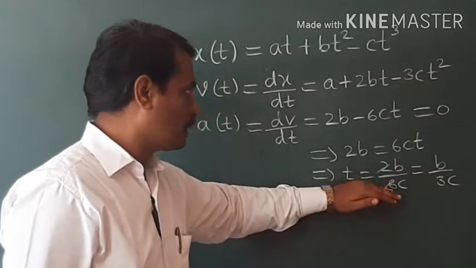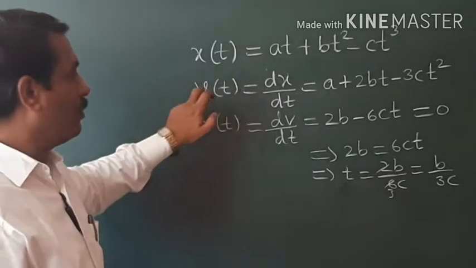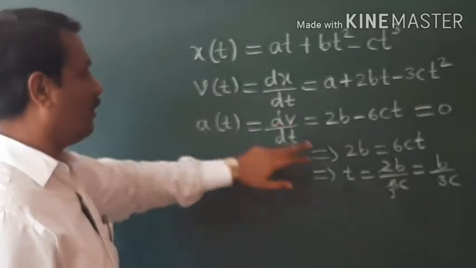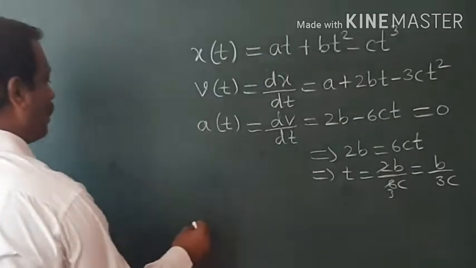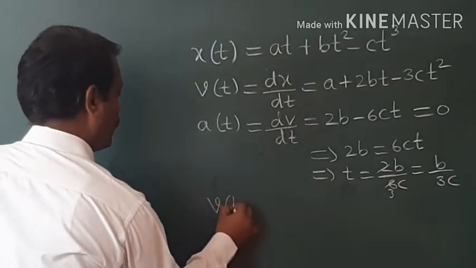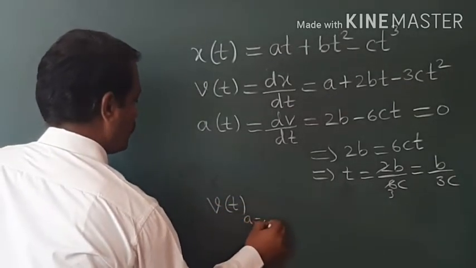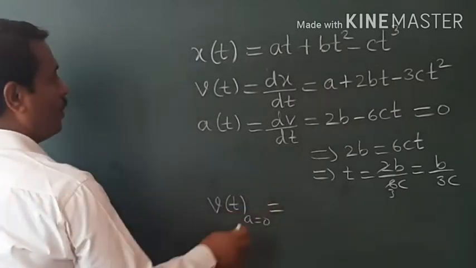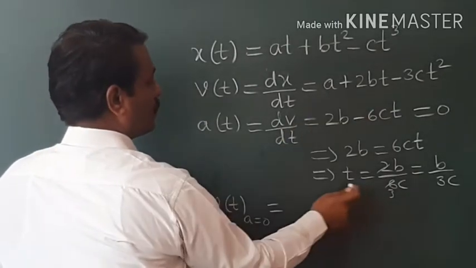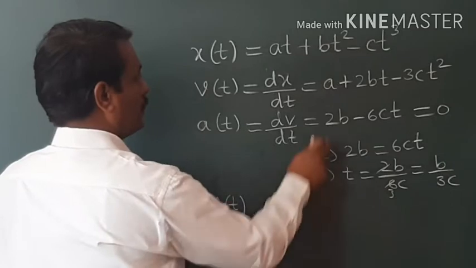So you substitute this condition here, then you will get velocity when acceleration becomes 0. Therefore, velocity when acceleration is 0 is equal to, so here we have to substitute t equal to b by 3c.